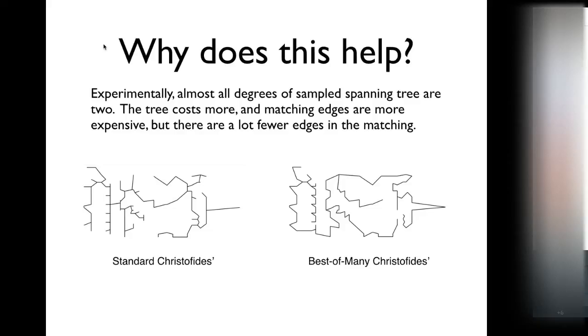What this means is that any particular matching edge is going to cost more than it costs over here because the odd degree vertices are far away from each other. But there are going to be a lot fewer of them. And so the cost of the spanning tree, of course, only goes up. This was the min cost spanning tree. But the cost of the matching goes down, and that's enough to offset the increase in the cost of the spanning tree.